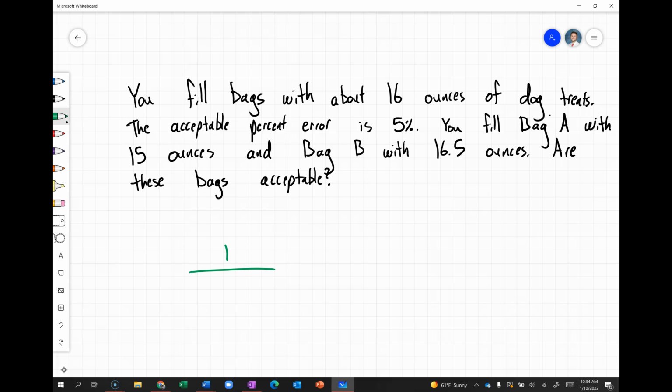So 1 over 16 ounces. So we find that percent here. 16 goes into 1, 0 times. 16 goes into 10, 0 times. 16 goes into 100, 6 times.